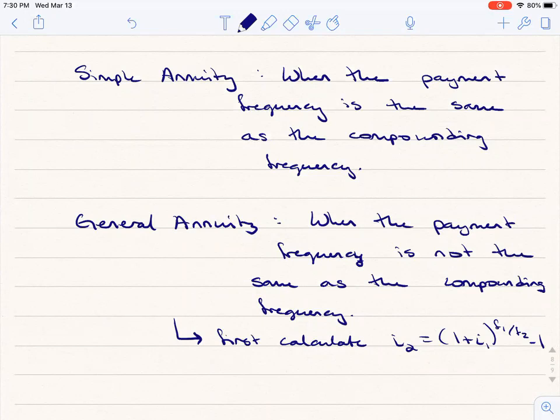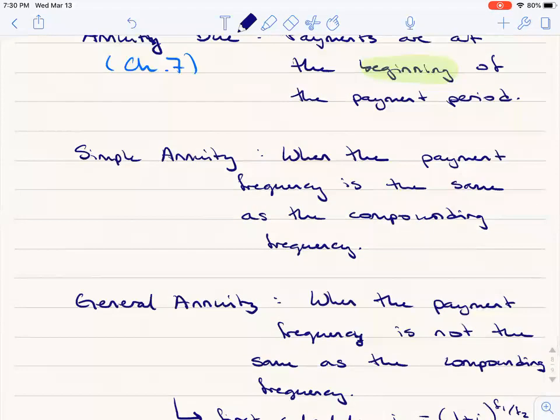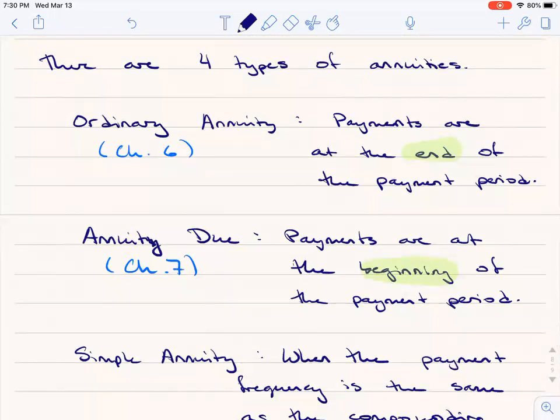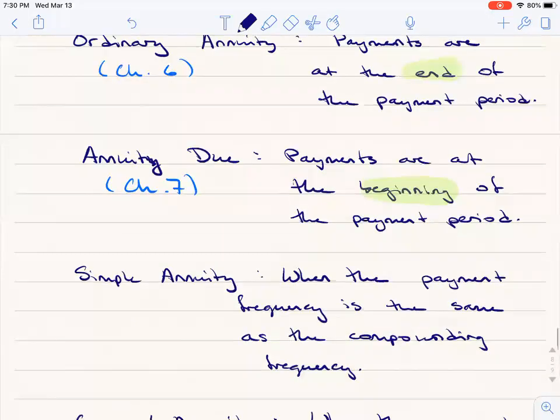So it's just that extra little step, but not too big of a deal. So an annuity is either ordinary or an annuity due, and also it can be either simple or a general annuity.